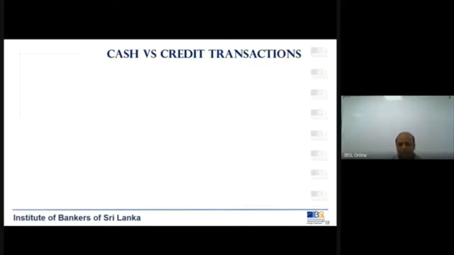You either receive money or you pay money. Both are cash transactions. When you receive money, that is a receipt, and when you pay somebody cash, that is a payment. So all receipts and payments happening in the form of cash are known as cash transactions.